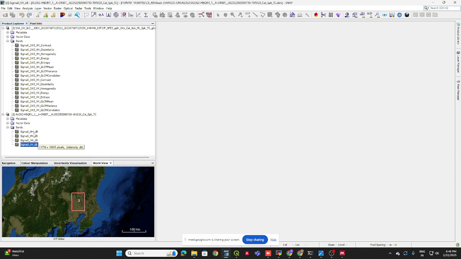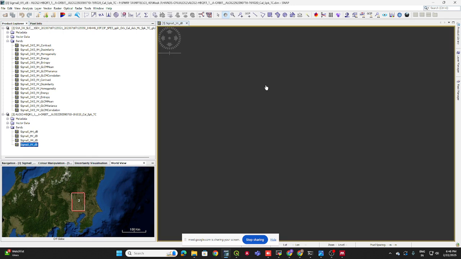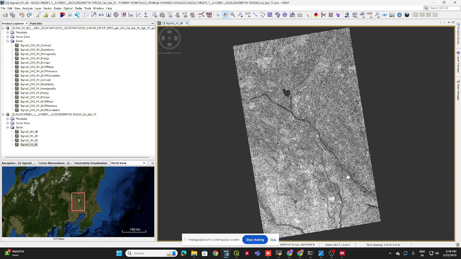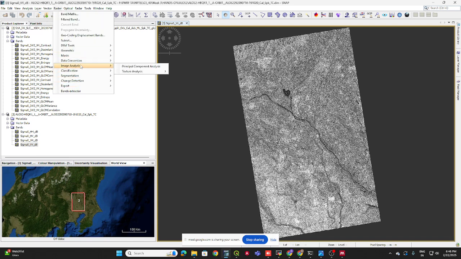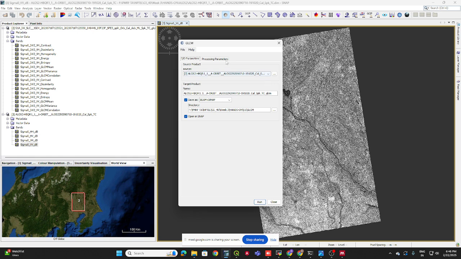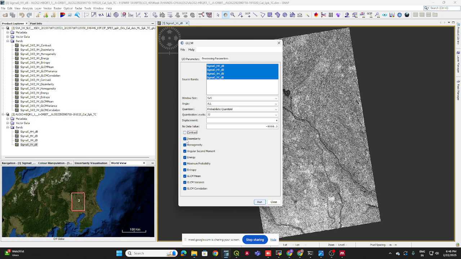So we can see here, suppose the VV band. We can further process this. Now let's calculate these two with the same window size, though it should not be the same because ALOS-2 is high resolution.